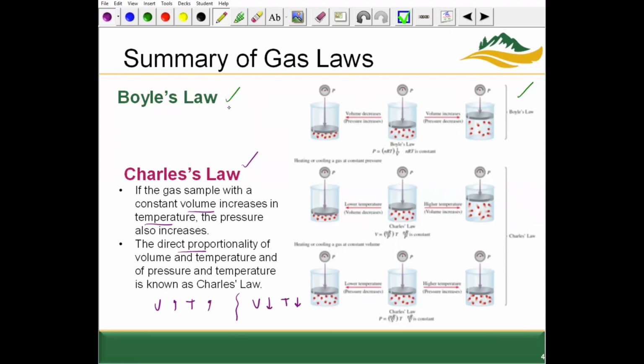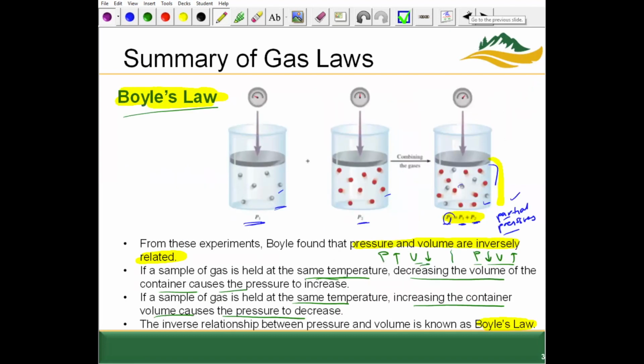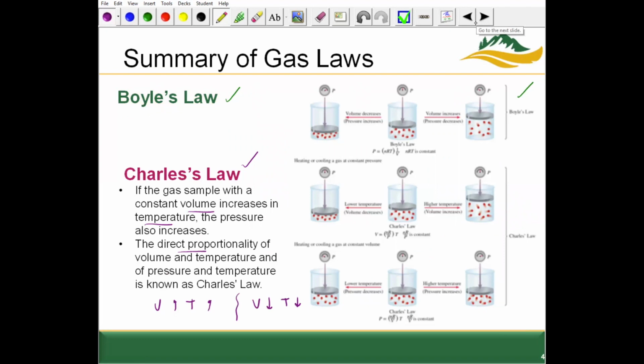So Boyle's law was an inverse relationship between the pressure and the volume. Now for Charles' law, it's a direct relationship between volume and temperature. As we lower temperature, we're going to lower that volume. As we increase the temperature, this volume will increase relative to the initial starting point.